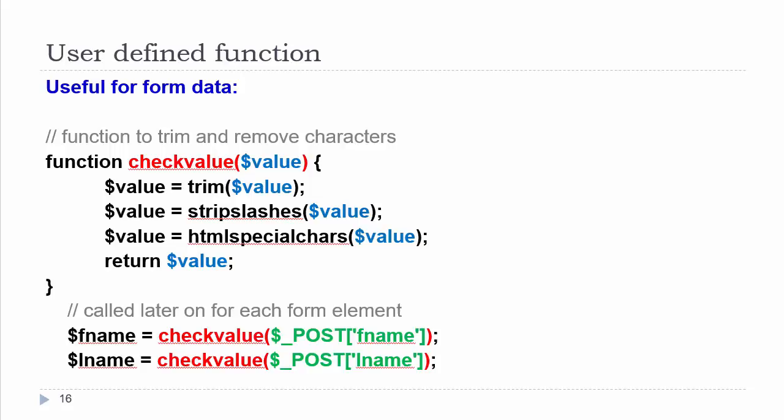This is an example of a user-defined function, very useful for working with form data. We have been working with forms, and one thing that we looked at when working with forms was trimming empty spaces from the right or left. And yes, that requires the trim function. There is another function, stripslashes, which is valuable because users sometimes put them into the form elements.